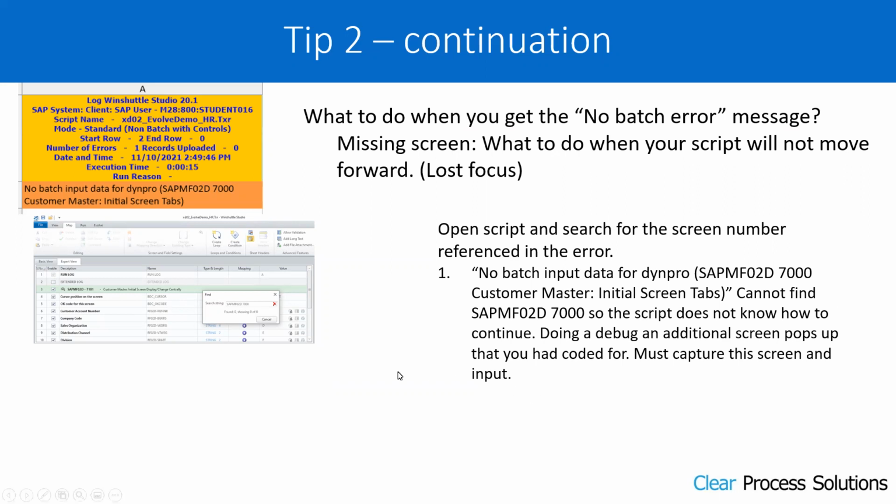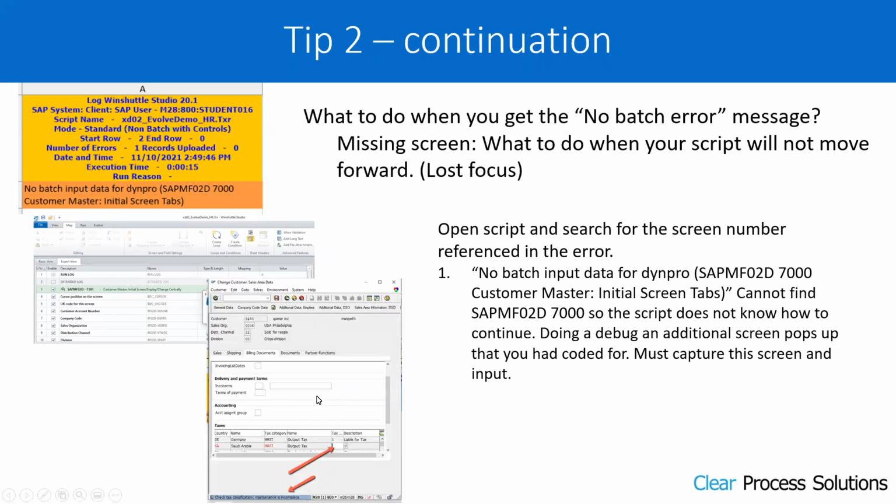And so in this example, what is happening when I walk through that is the tax screen, the sales data tax screen is popping up, and the script doesn't know what to do because this information hasn't been captured. So you need to capture this screen and then insert it back into your script, possibly using a skip screen when not present, and test it to see if that resolved your issue.